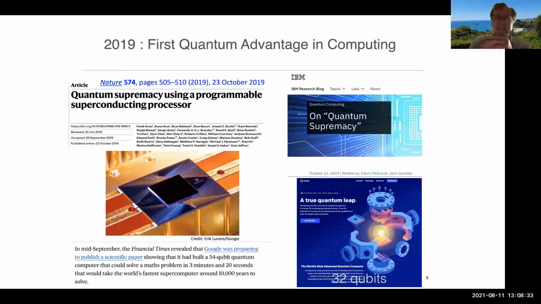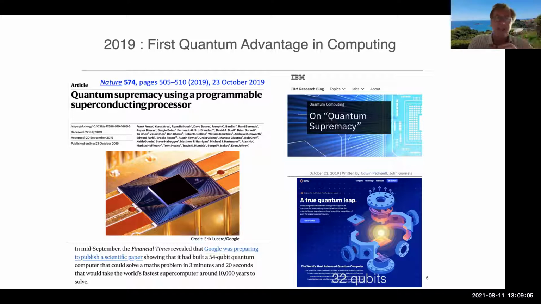So in 2019, it was truly a remarkable period for computing in general, where the first quantum advantage was identified. Google used a 54-qubit system, with 53 functional qubits, to perform a quantum simulation of random quantum circuits in about 3 minutes that the best classical computers take days to do.